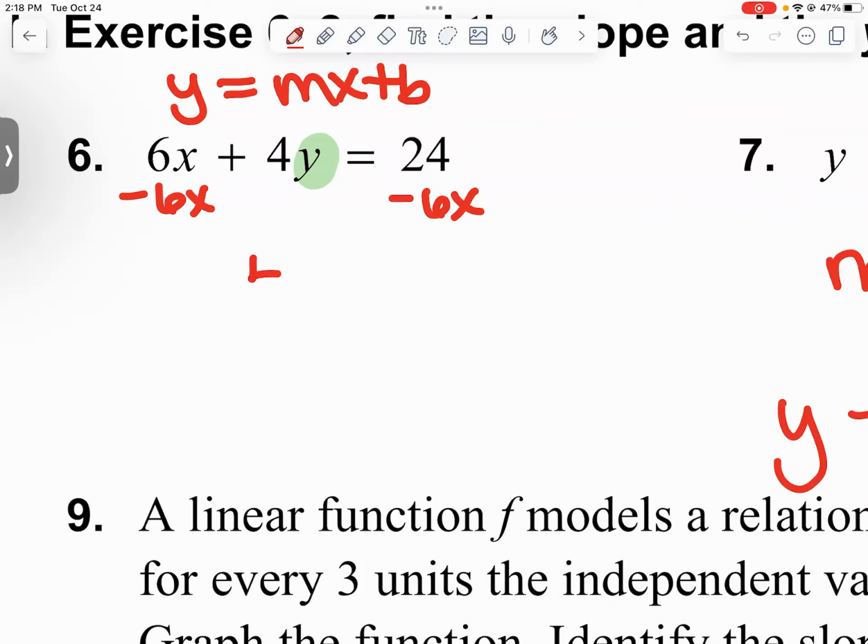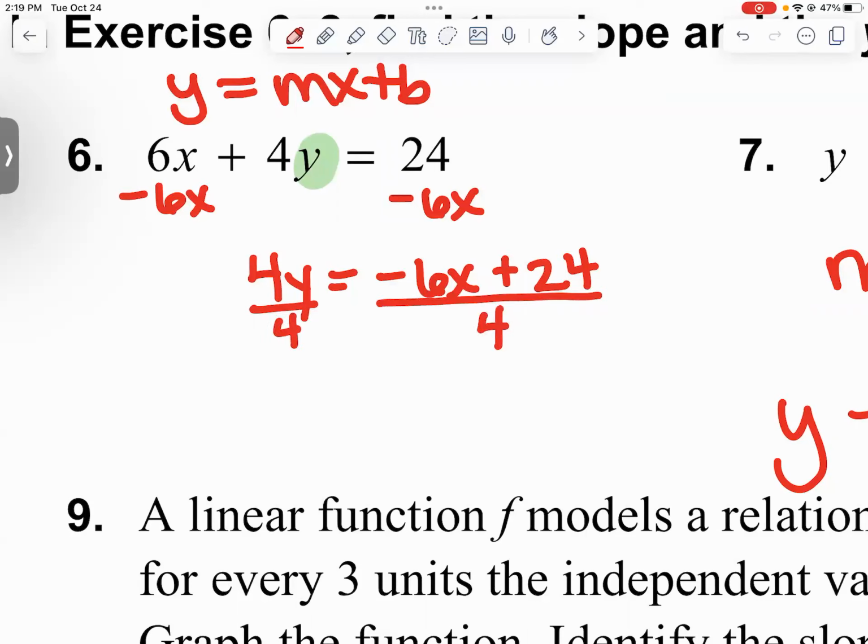So that we have 4y equals negative 6x plus 24. Now, DJ, what should we do? Now we can divide both sides by 4.